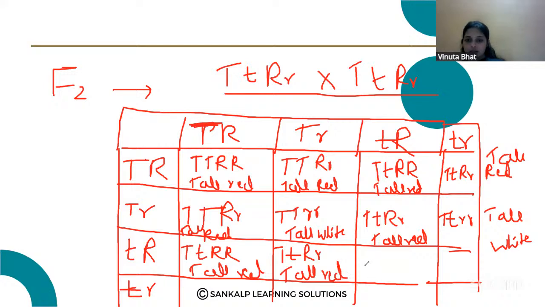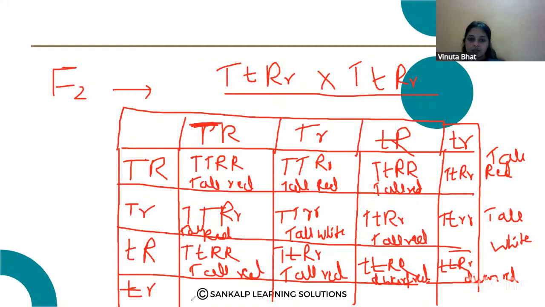Then last but one, small t, small t, capital R, capital R. This is dwarf, just write dwarf red plant, red color flowering plants. Here also small t, small t, capital R, small r. This is also a dwarf red color flowering plant. Okay.